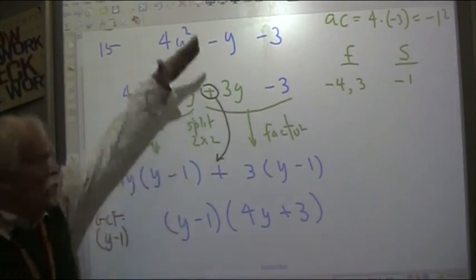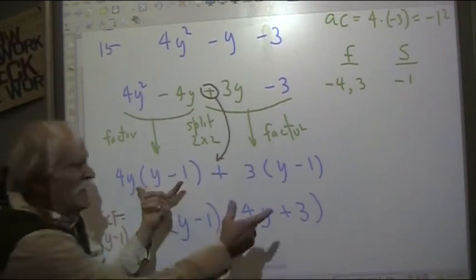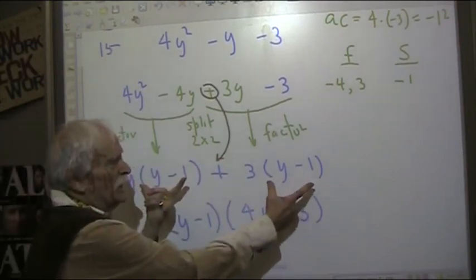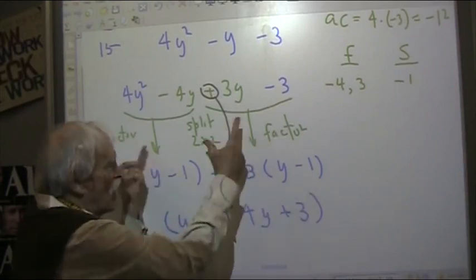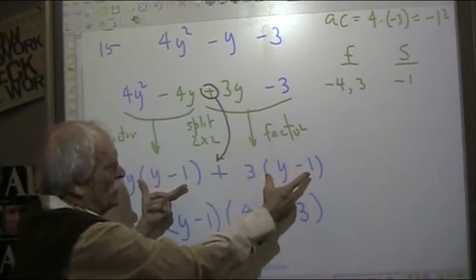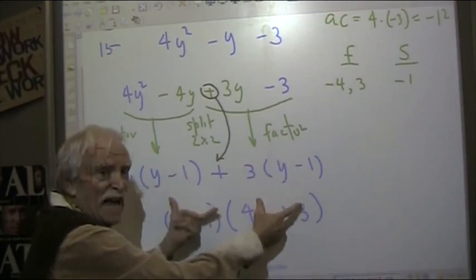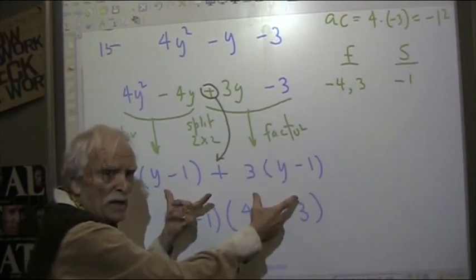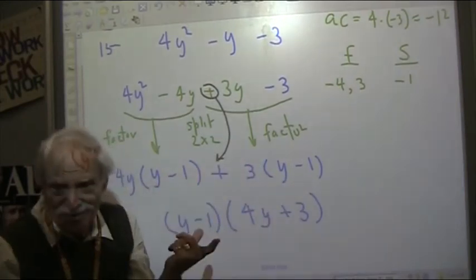Now, when you're coming down through this process, ladies, these two factors here, these two residues that you've gotten from the splitting and the factoring and pulling the GCF, these two factors must be exactly the same. And don't just assume that they're going to be the same if you've written down something different.